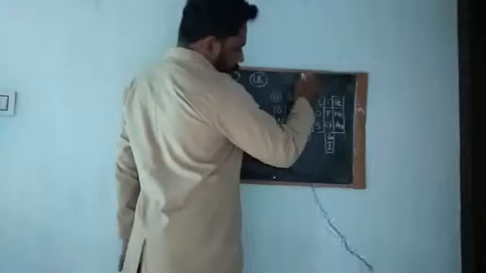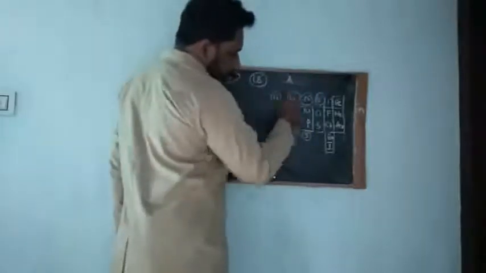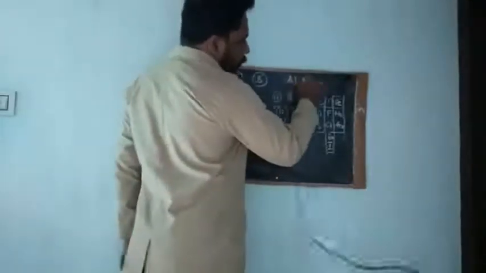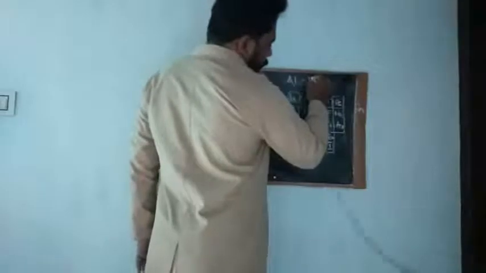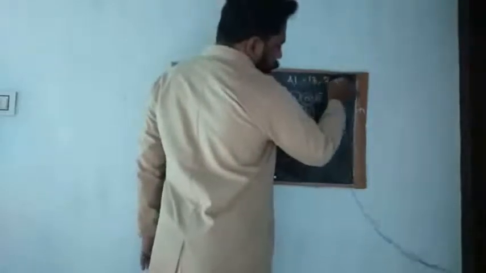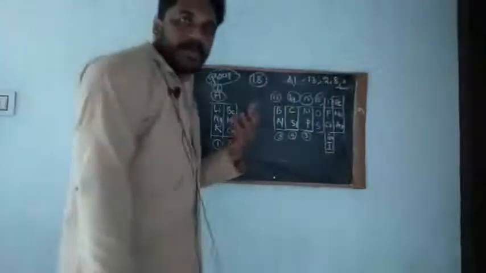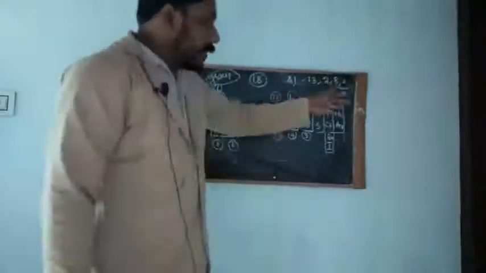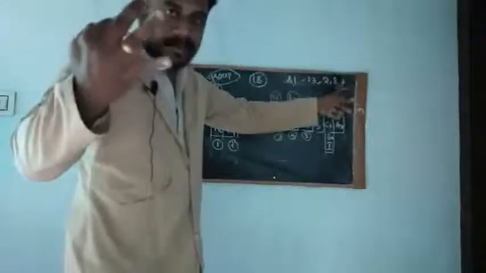Let's discuss aluminium. Aluminium is in the 13th group, atomic number 13, electronic configuration 2, 8, 3. In order to obtain an octet, it has to donate 3 electrons from the outermost shell. That's why the valency is 3.